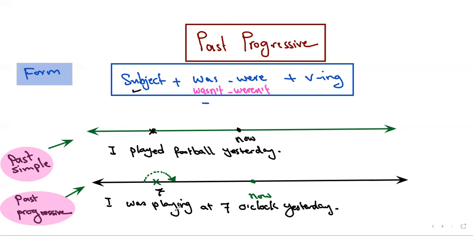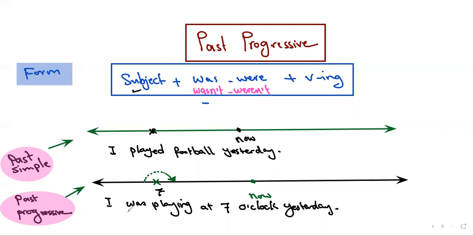Again, the difference between the past simple and the past progressive is that in the past simple, I use an action that ended in the past, and I can talk about it in general, as you can see in the first example, I played yesterday. The second example is the past progressive.